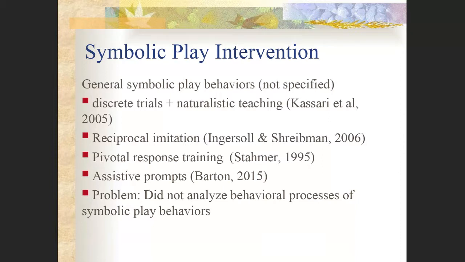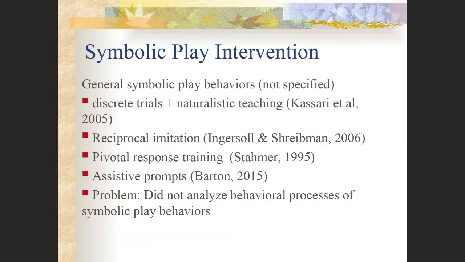After I looked at the manual, I still had no idea what I should do to replicate the study. They use discrete trials and naturalistic teaching strategies. The other one is also naturalistic, they call this pivotal response training.